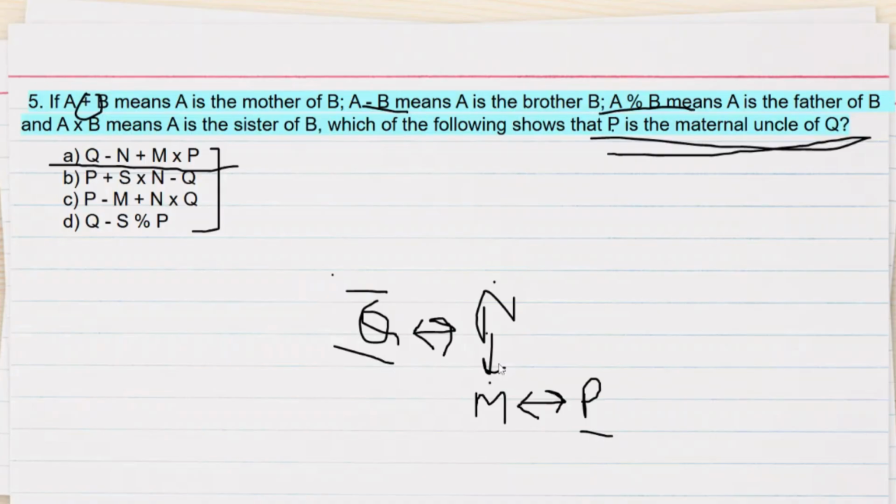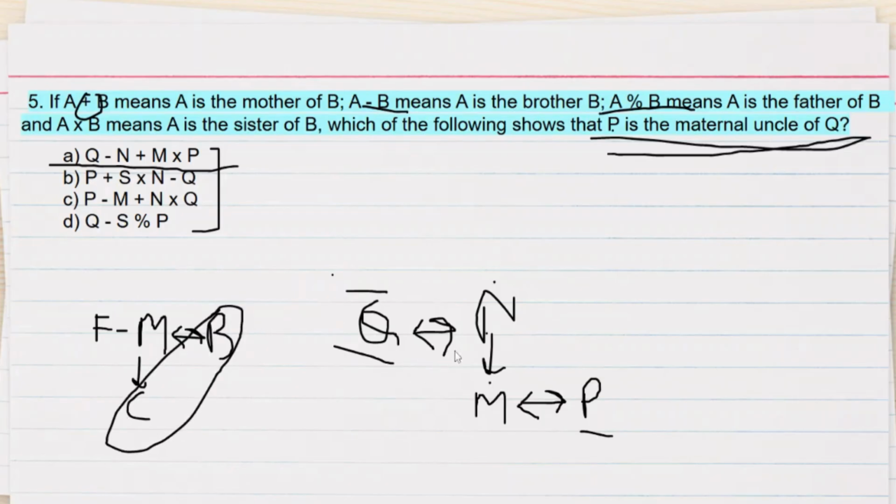P is not in any way the maternal uncle of Q here. What is a maternal uncle? Like there is a child, a mother, a father, the brother of your mother is the maternal uncle.